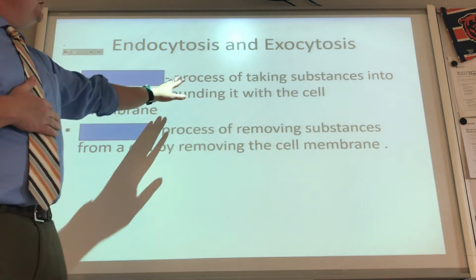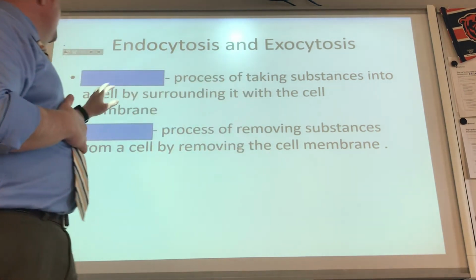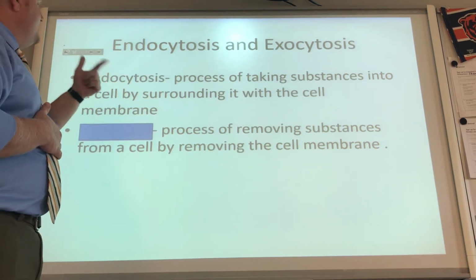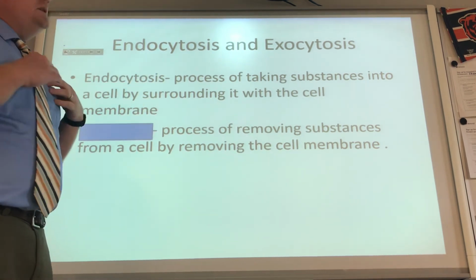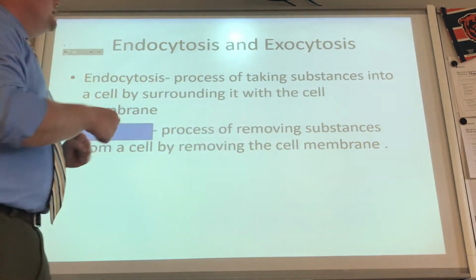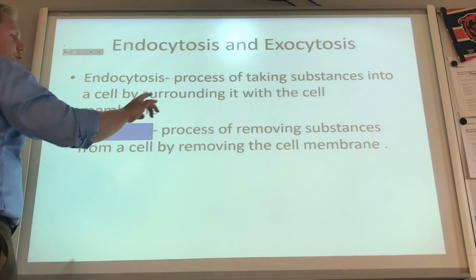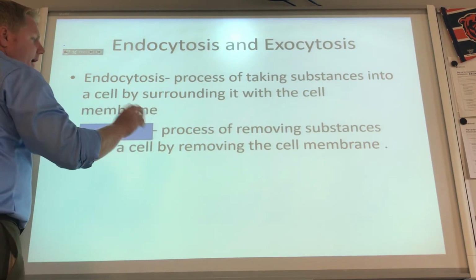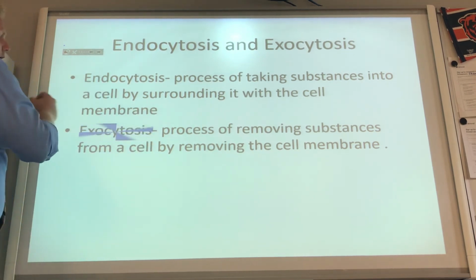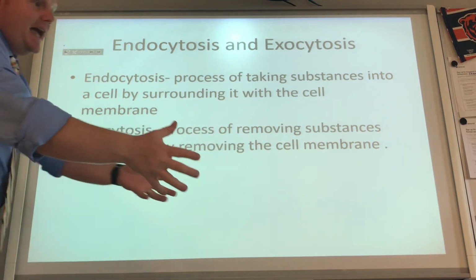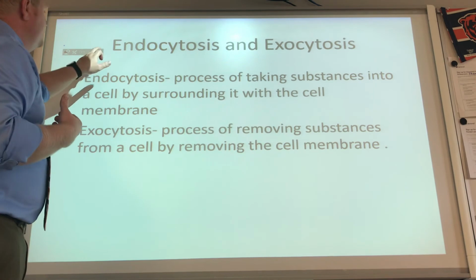Endocytosis is the process of taking substances into the cell by surrounding them with the cell membrane. That's endocytosis. Endocytosis means goes into. Then there's exocytosis. Exocytosis is the process of removing substances from a cell by removing the cell membrane. Out of the cell. Remove the cell or exit the cell.